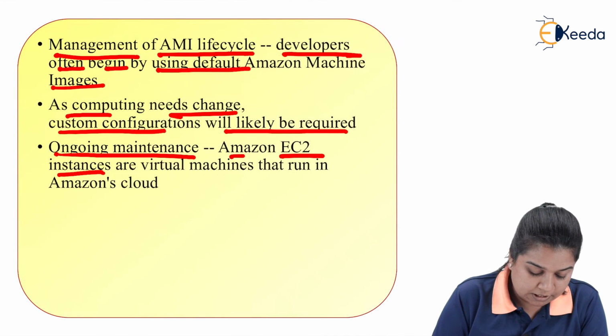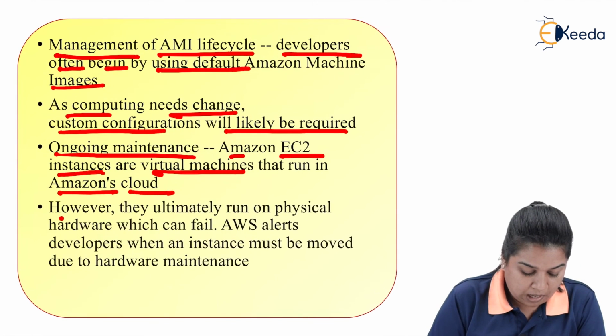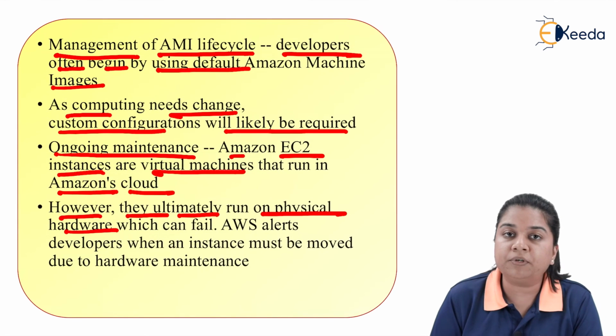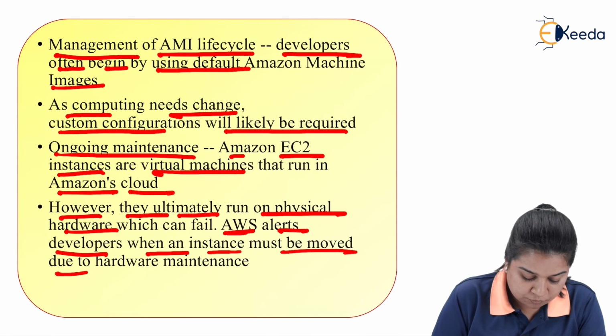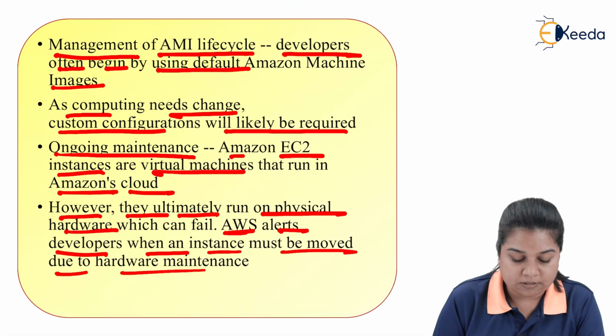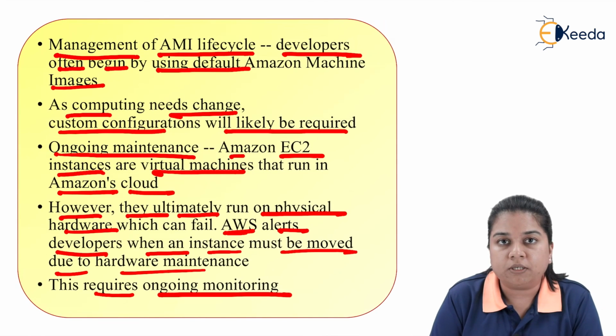Amazon EC2 instances are virtual machines that run in Amazon's cloud. However, they ultimately run on physical hardware which can fail. AWS alerts developers when an instance must be moved due to hardware maintenance. This requires ongoing monitoring.